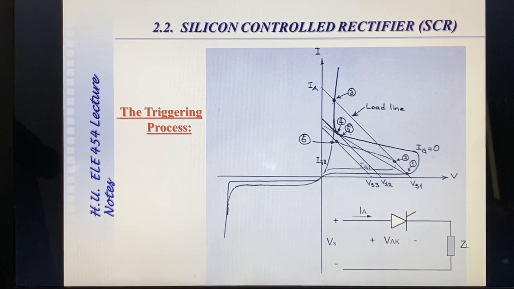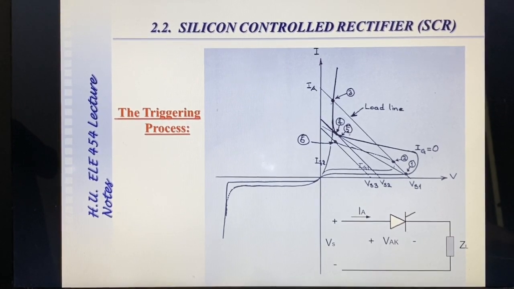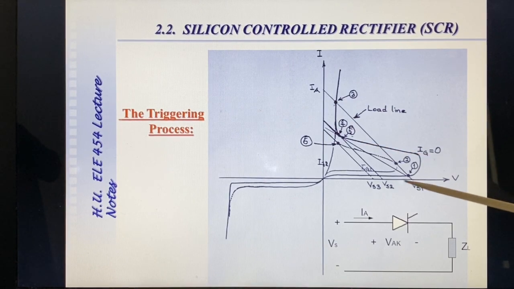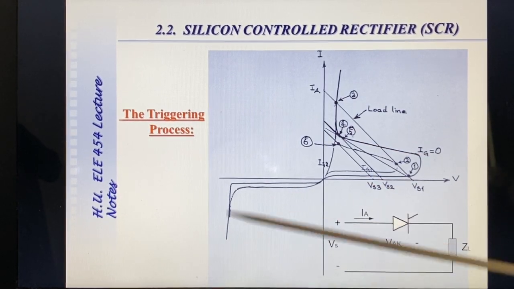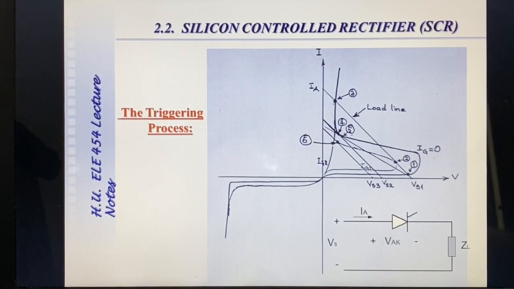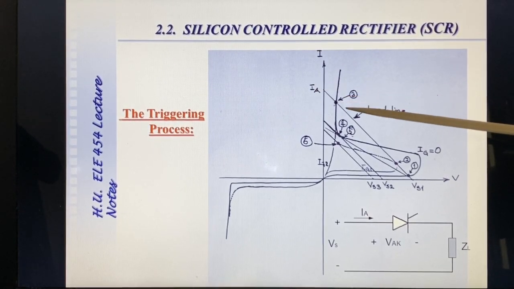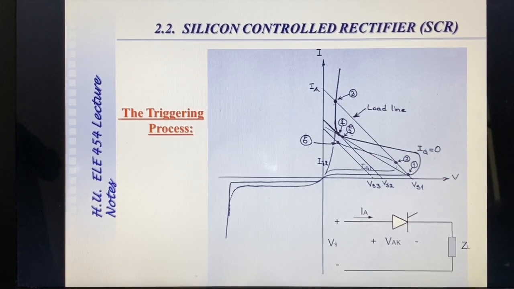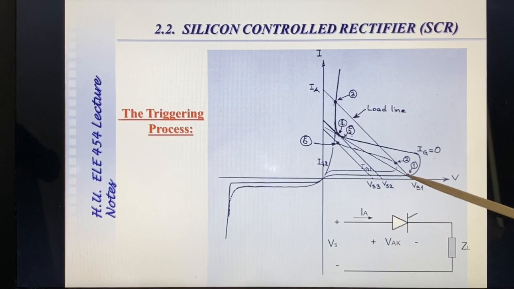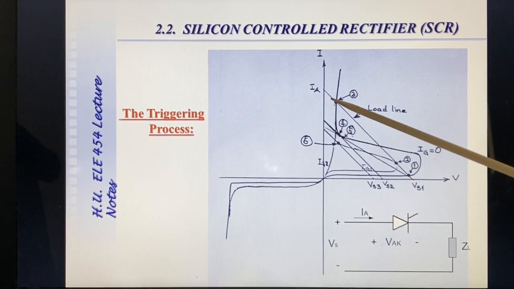So this is the thyristor's IV characteristic for Ig equal to 0. On top of it, let us draw the load line of the electrical circuit. Just note that the load line intersects at this point, this point, and that point.